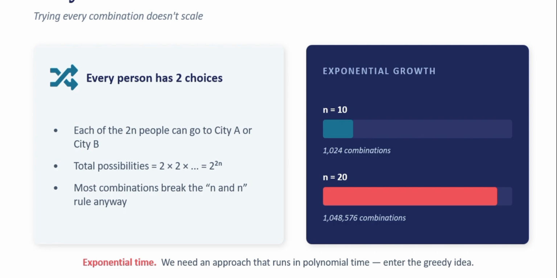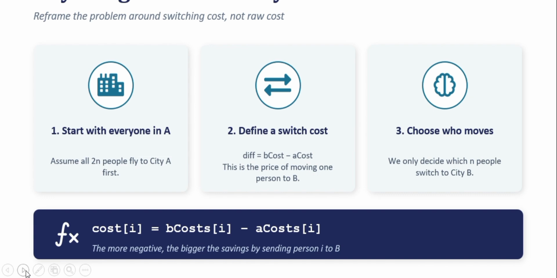So for a smarter approach, instead of deciding directly where everyone should go, let's think differently. The key insight is where the magic happens. Let's ask a simple question: what is the cost difference if I move this person to city A?